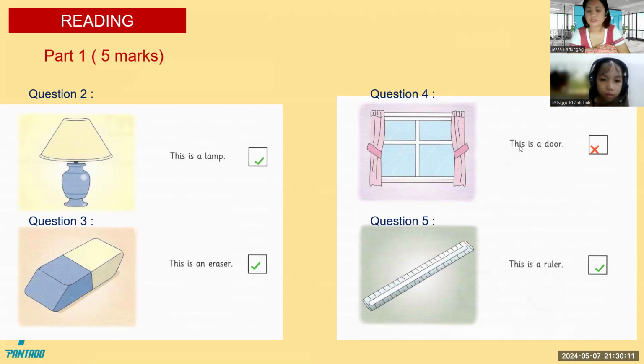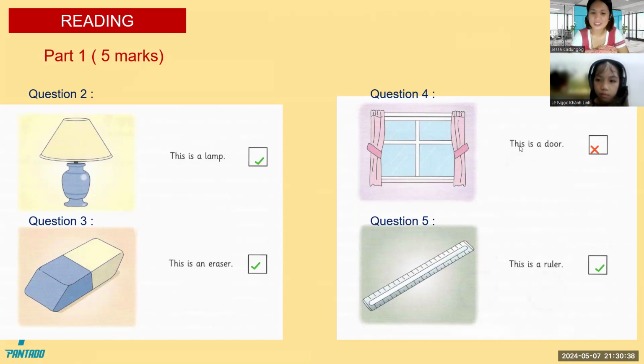This is an eraser. What's the answer? A tick. 4. This is a dog. What's the answer? This is a door. It's a cross. 5. This is a ruler. This is a tick.